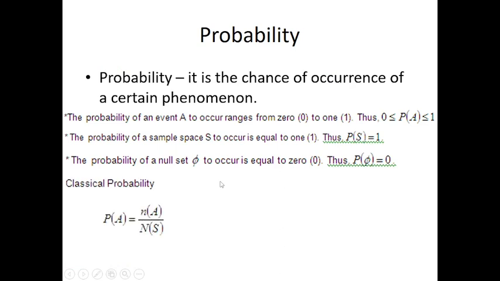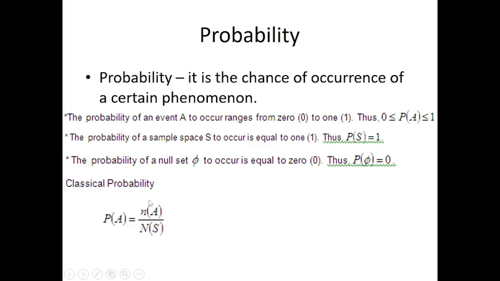And then, here's the formula. Probability of A is equals to, I think, classical probability formula. Okay? Probability of an event A to occur is equal to the number of possible outcomes of event A over the number of outcomes in the sample space.